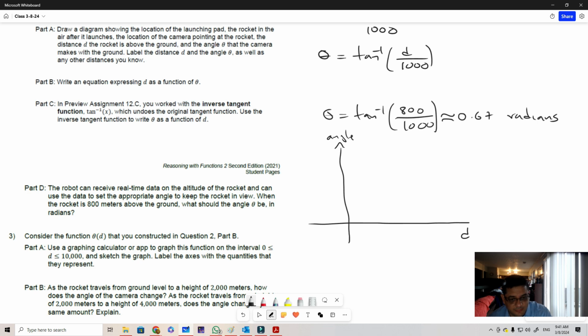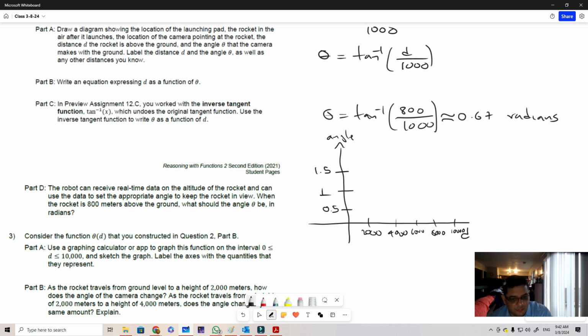So of course this is going to provide us with things like 0, 0.5, 1, and the maximum that we can get is going to be 1.5, since it's close to 1.6, which is pi over 2, which is kind of the boundary of what this is going to be for tangent to the -1. So we can take distances 2,000, 4,000, 6,000, 8,000, and 10,000 at the end.